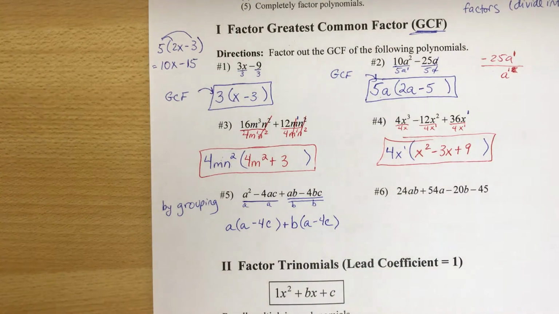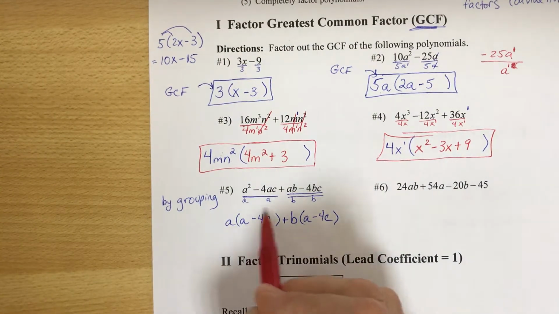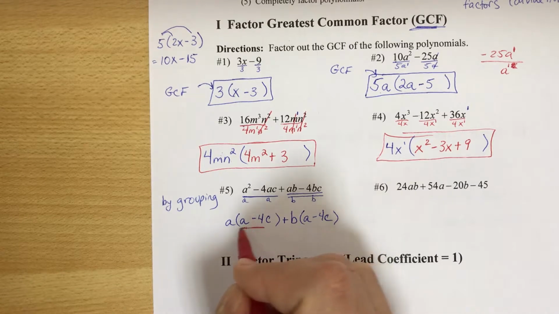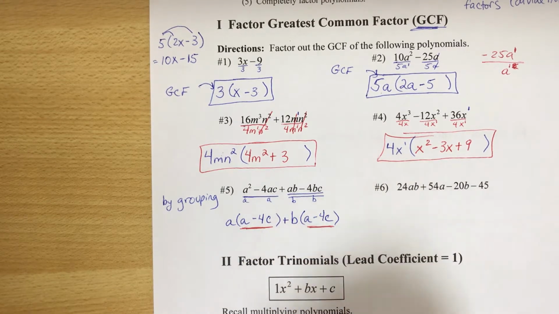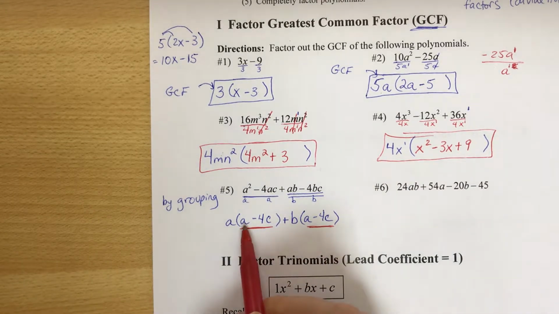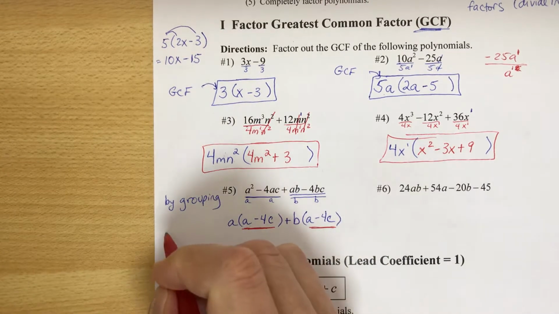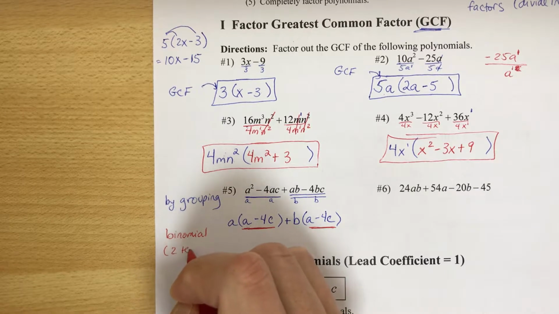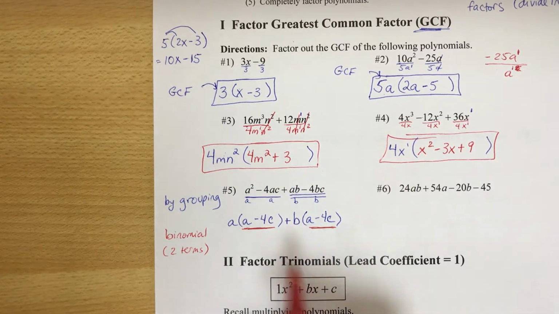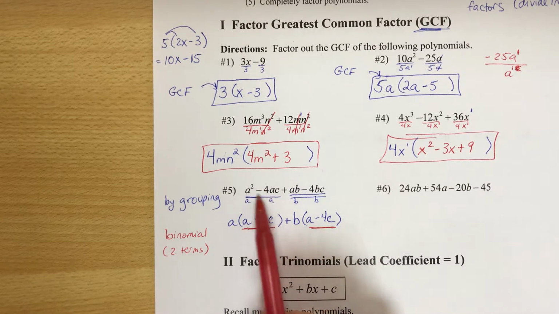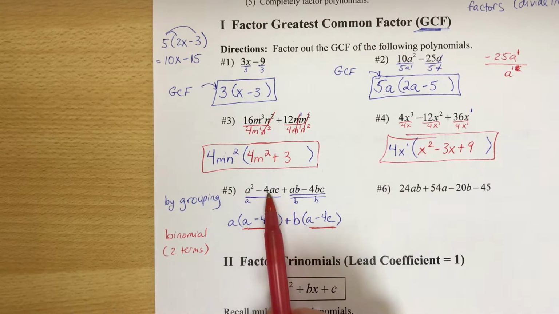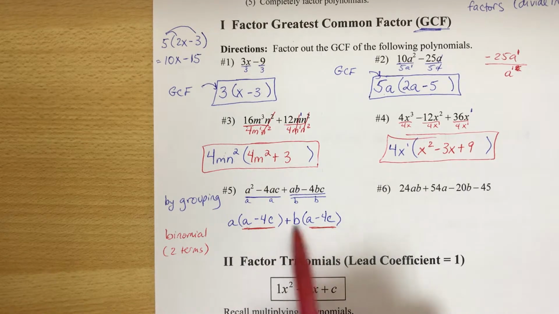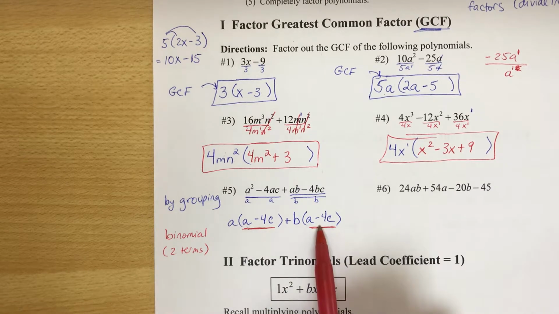Now what you may notice is that the first group and the second group have another common factor. Now this is a binomial. Binomial means two terms, but it's the same binomial. So in this first pair, they both had a as a common factor, so we pulled that out. But now, both of these expressions have another common factor.